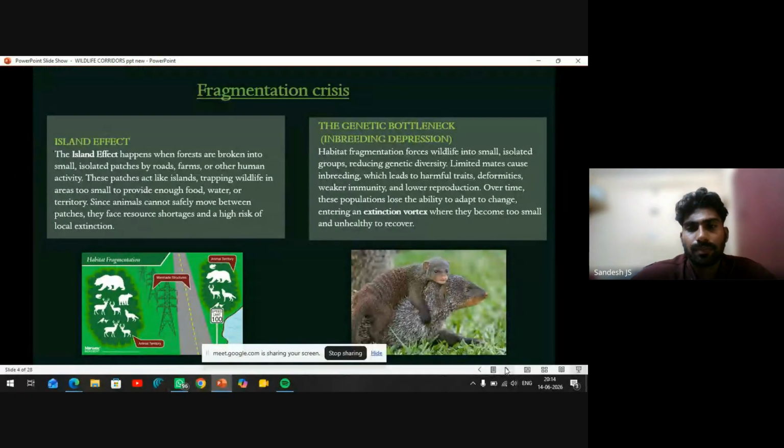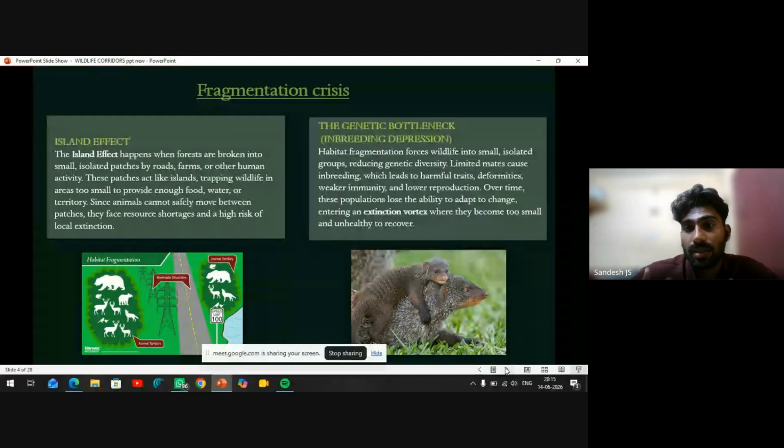And coming to the next, the genetic bottleneck, as I previously mentioned, the inbreeding depression. Habitat fragmentation forces wildlife into small isolated groups, reducing their genetic diversity. Limited mates cause inbreeding, which leads to harmful traits like deformities, weaker immunity, lower reproduction. Over time, this population may lose the ability to adapt to change.